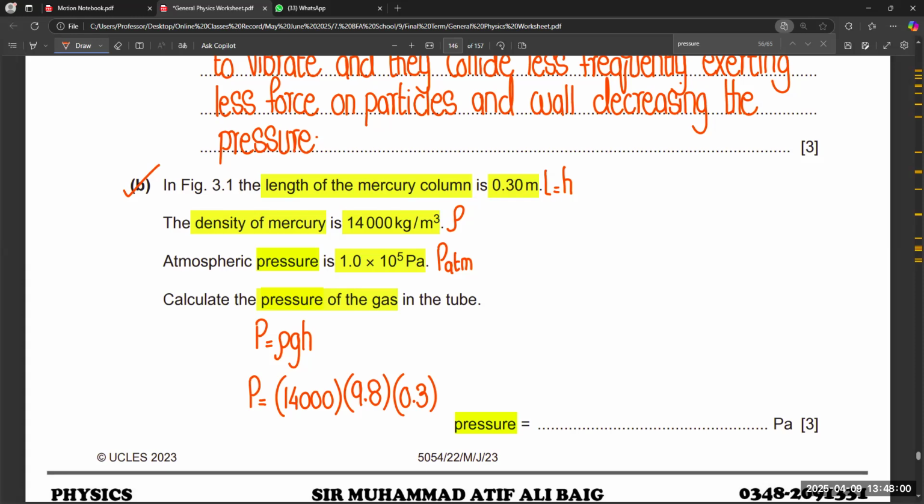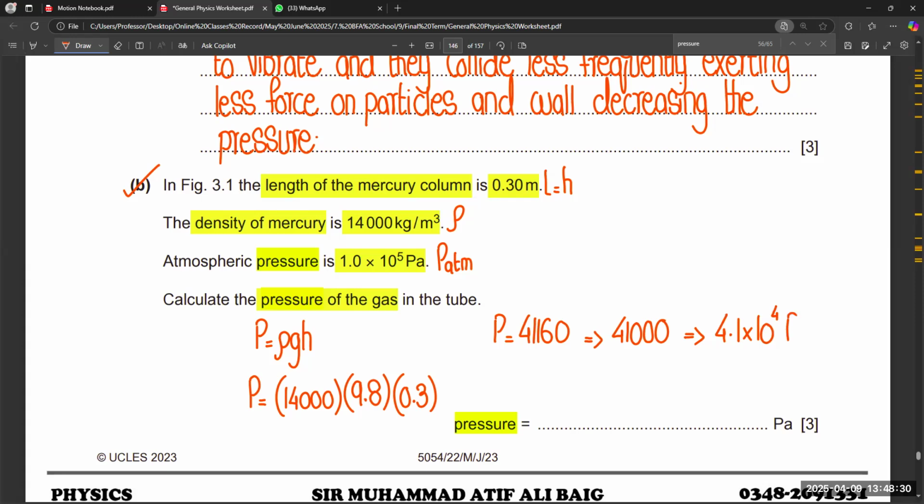So we got the answer 41160. Or you can round it off to two significant figures. Or you can also write your answer in scientific notation.